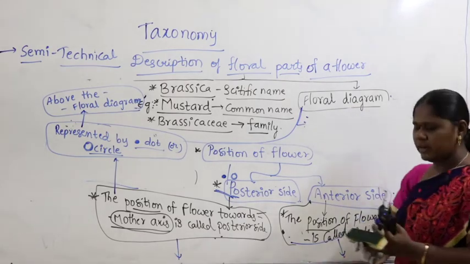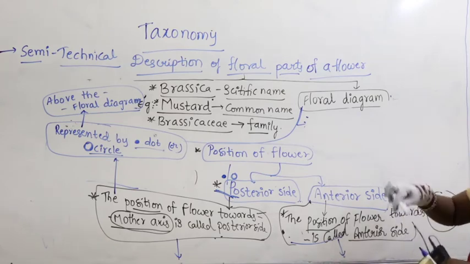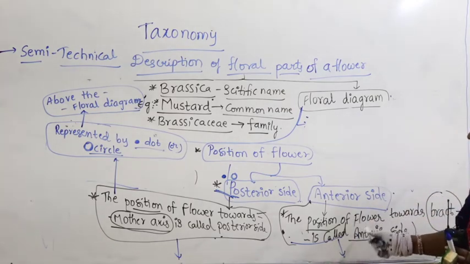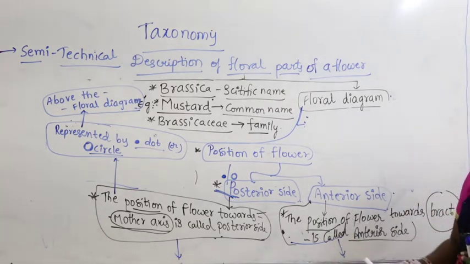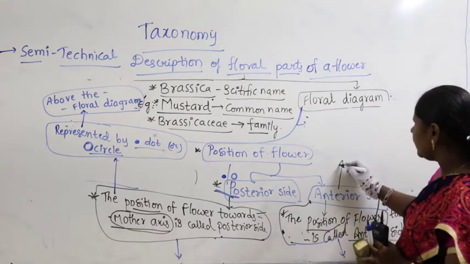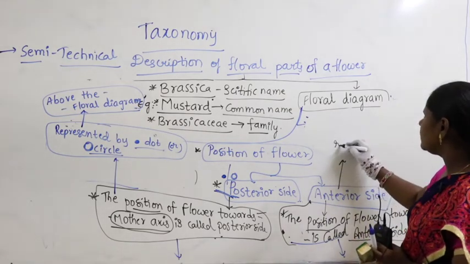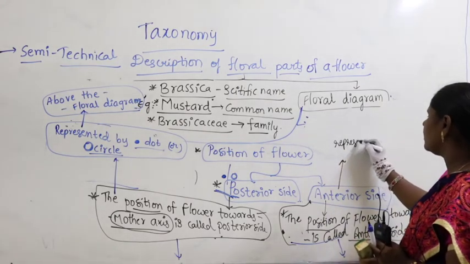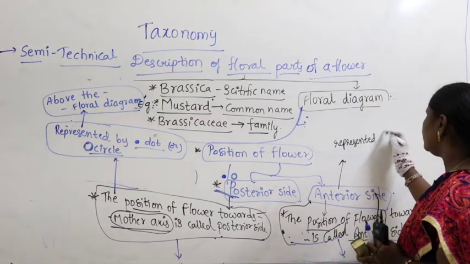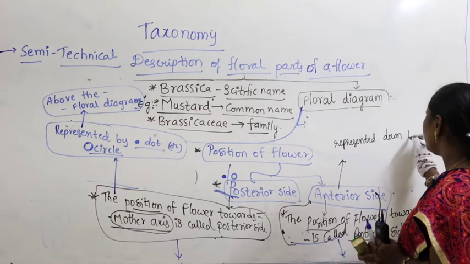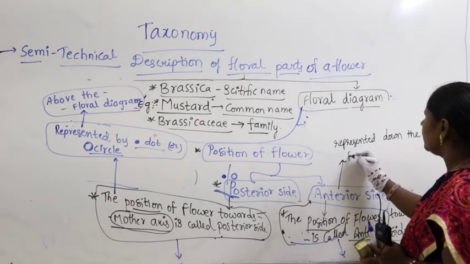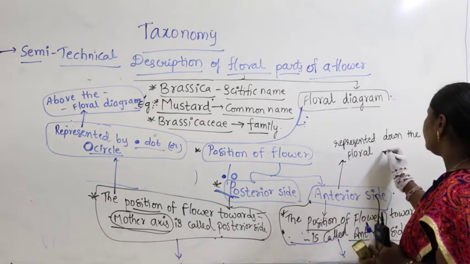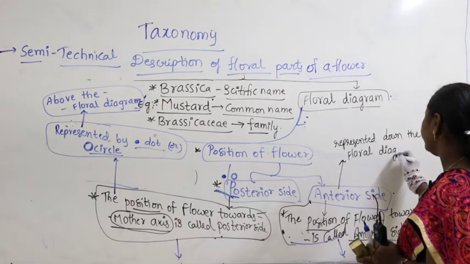What will we write for anterior side? Here, the position of the flower towards the bract is called anterior side. It is represented down the floral diagram.